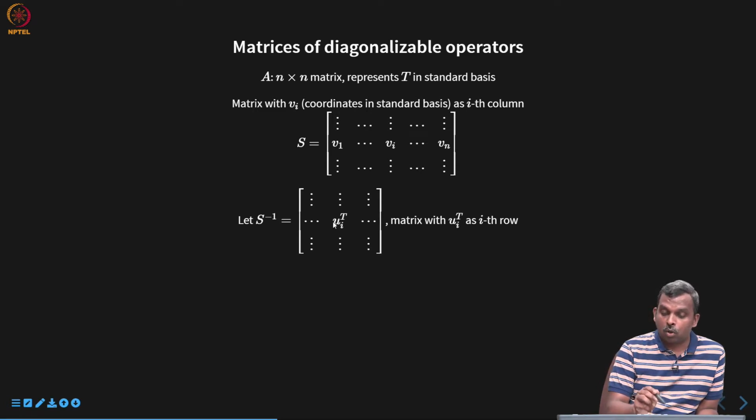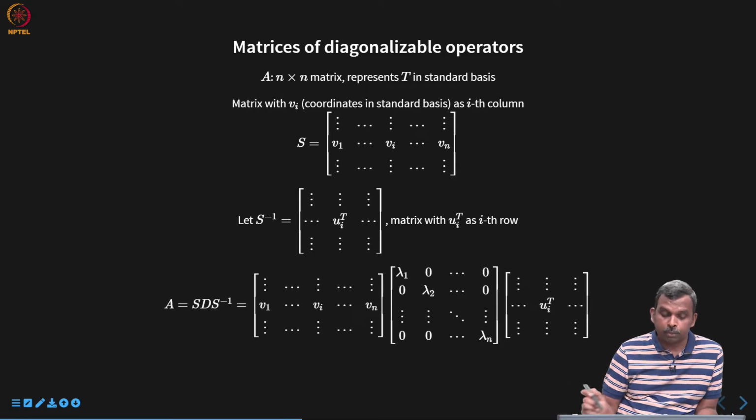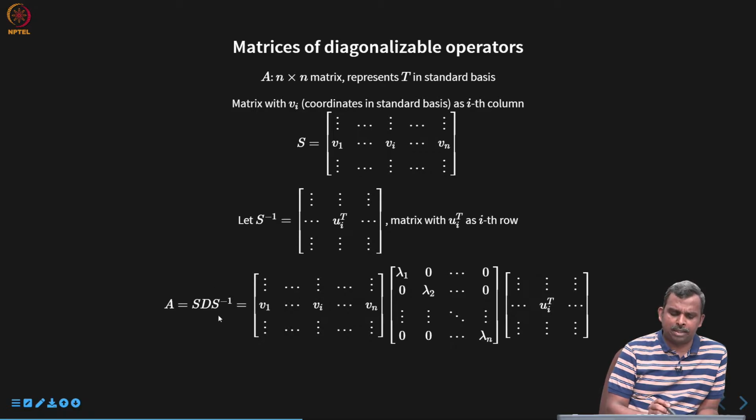Now what I know is that A can be written as S D S inverse. The way I interpret this is that S inverse converts from the standard basis to the eigenvector basis, D is the diagonal operator in the eigenvector basis, and then from the eigenvector basis you go back to the standard basis. That should give you A. So S D S inverse, I think that's correct. That's the matrix in the standard basis.